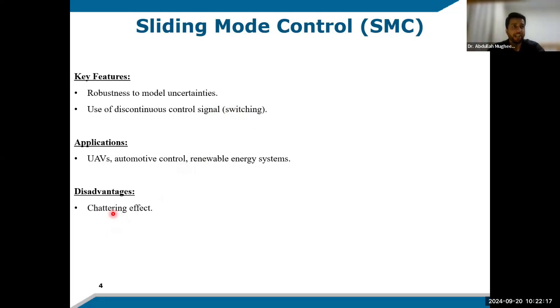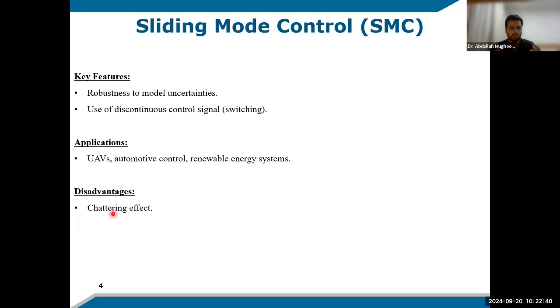I'll just give a big idea: this chattering effect may physically damage our equipment because we are giving such a high frequency switching signal to the hardware that, for example, MOSFETs or some electronic equipment may get burned because of this highly fluctuating decision.